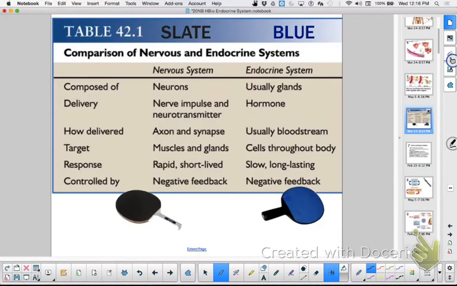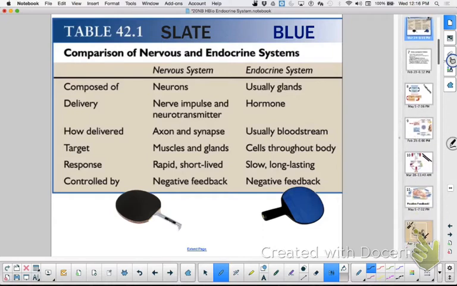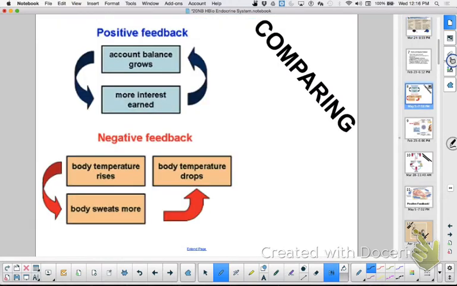And we compared the nervous system with the endocrine system. In summary, we would say that the endocrine system takes longer, but its effects are more long-lasting, where the nervous system is a little bit more rapid. Okay, we talked about positive and negative feedback mechanisms. In positive feedback, you're going up, up, up.